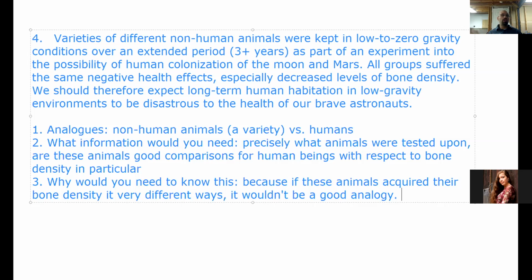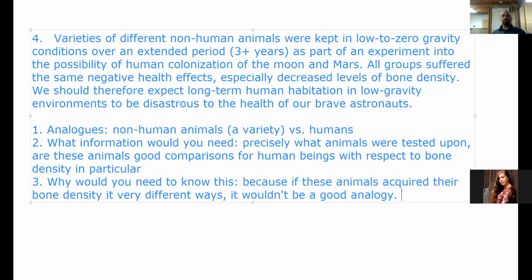We don't know what the animals were. Not knowing isn't enough to say that there are in fact disanalogies. To say that it would be a bad analogy, you would have to say that there are in fact disanalogies and say precisely what they are. And in this case, I just don't think you have enough information to warrant that conclusion. You should just say we would need more information to know if this is a good or bad analogy.